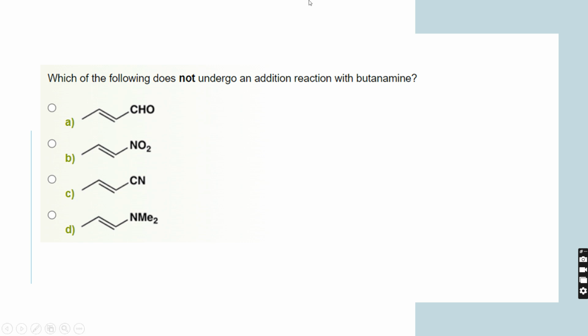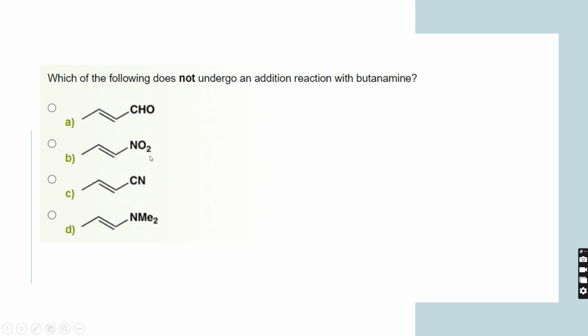If you look at the substituents present here, you already know that this tertiary amine, the nitrogen with its lone pair of electrons, the electron rich nitrogen can push its electron pairs towards the carbon carbon double bond, and you can choose it as the electron donating group as compared to the other functionalities present in the question.